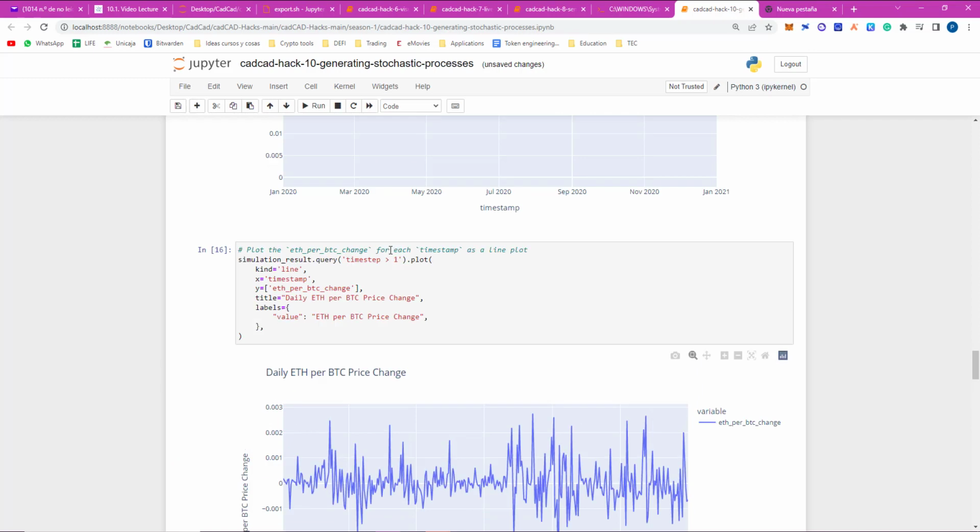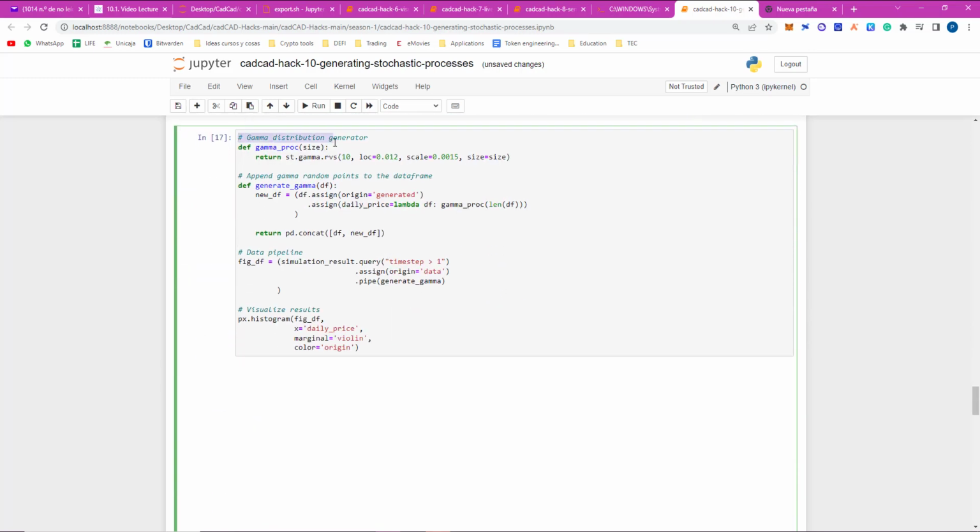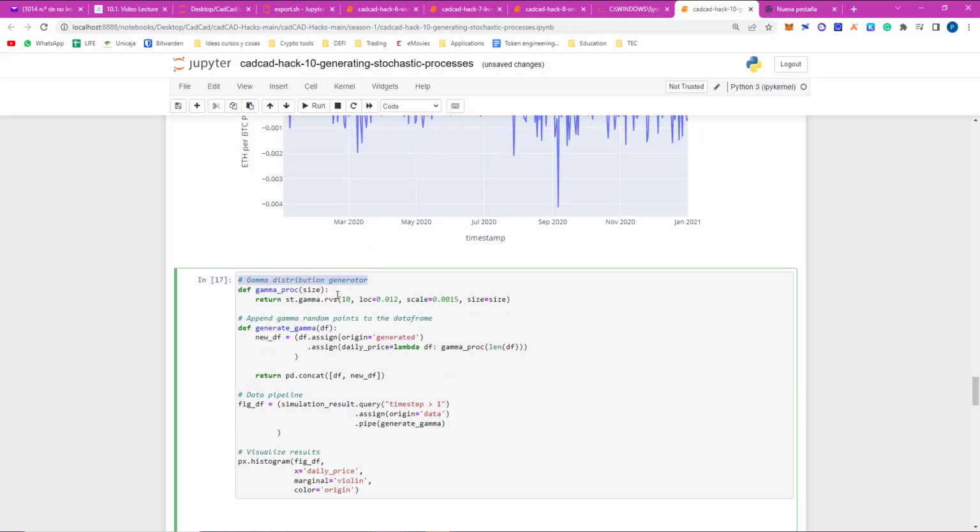Yeah, and this is what I get confused about. So we get here, and then they want a gamma distribution generator, and how do they define the range? I don't understand how they create the distribution.